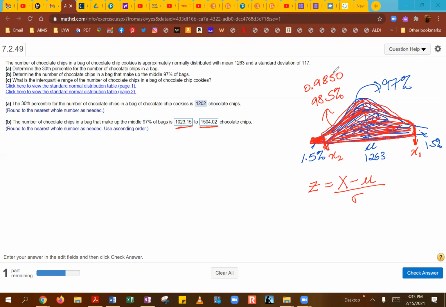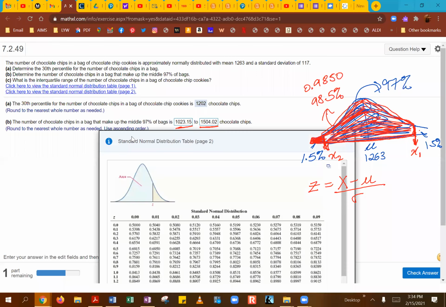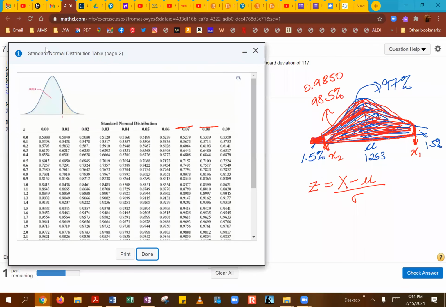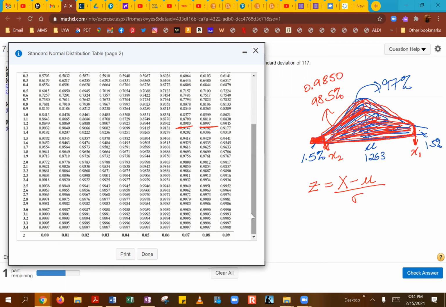So the first thing we have to do is figure out which z-score is going to correspond to this probability of 0.9850. So the first thing you're going to do is go to your standard normal distribution table and try to find it. So I'm actually going to start on page 2, and I will see if page 2 can help us out a little bit better. So I'm trying to find either the exact number of 0.9850 in the table or the number nearest to it.